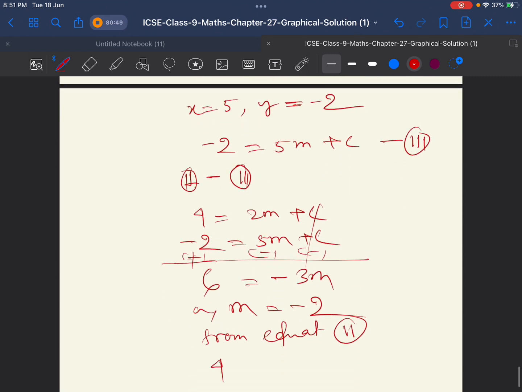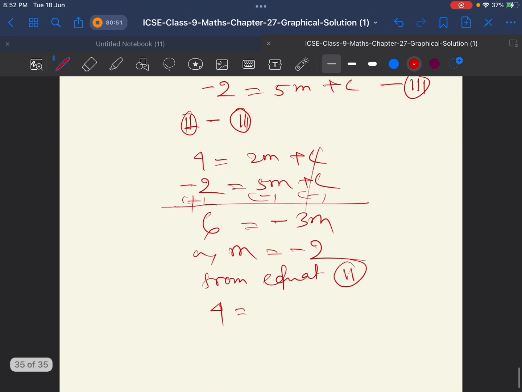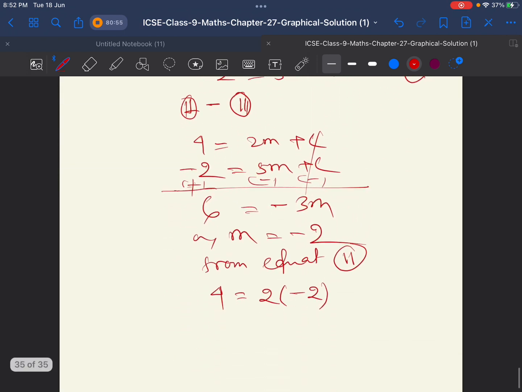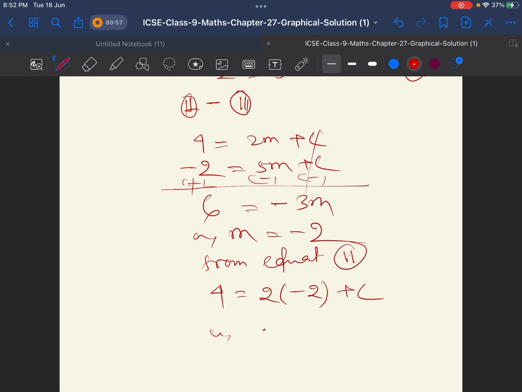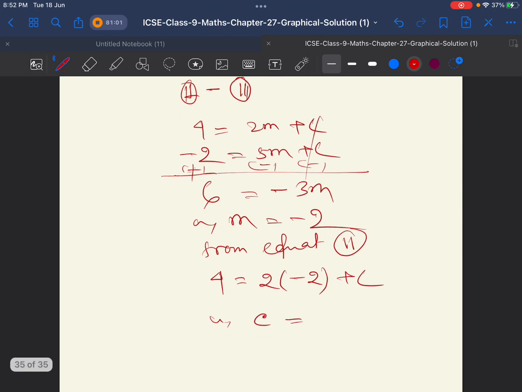Now we put the value of m in equation 2. From equation 2, 4 equals 2 into m minus 2 plus c.